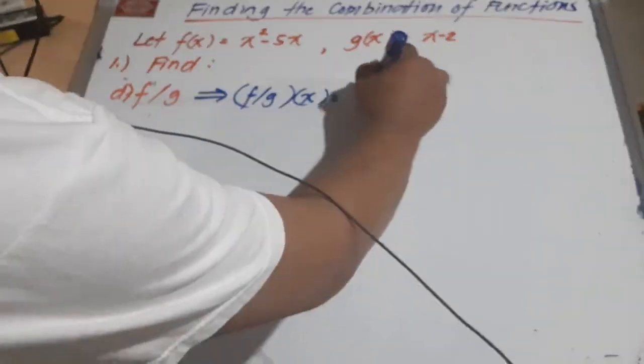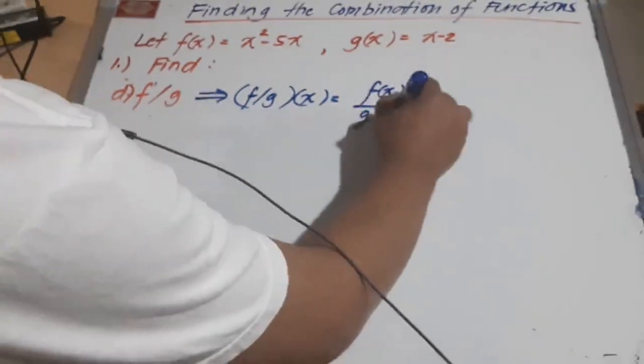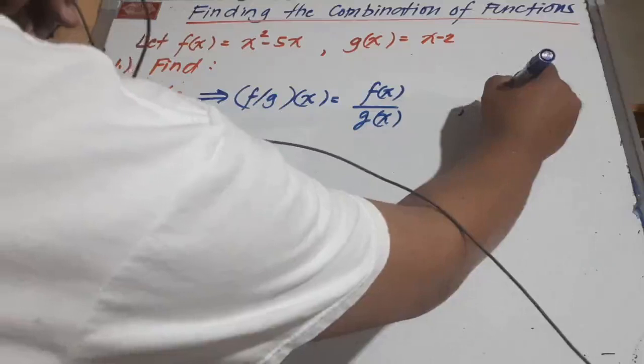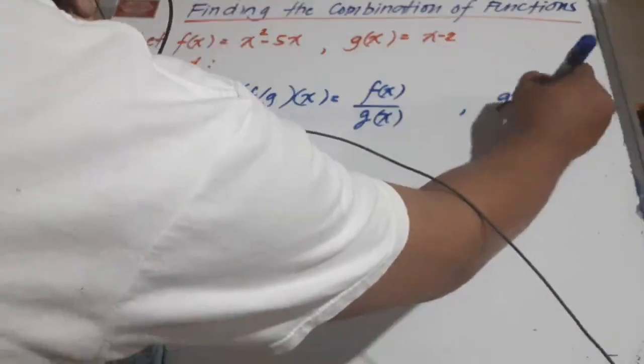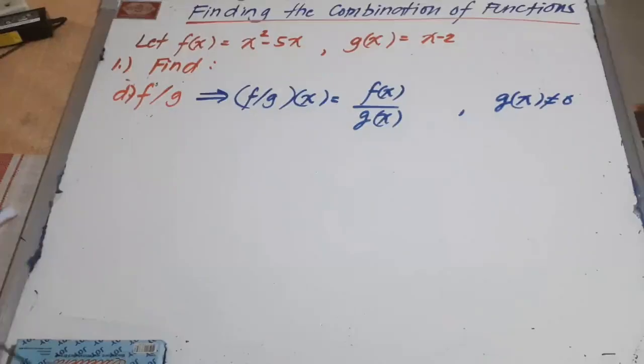So that is f of x divided by g of x. Okay? Remember, in dividing functions, g of x should not be equal to 0. Okay? So that will be the restriction in finding the domain of the resulting functions kapag ang operation yung ginamit ay division. The denominator should not be equal to 0.